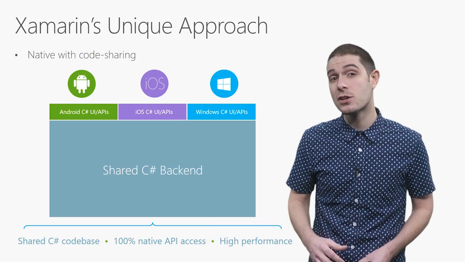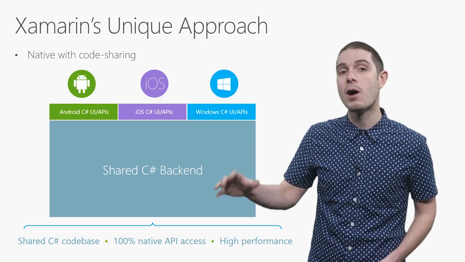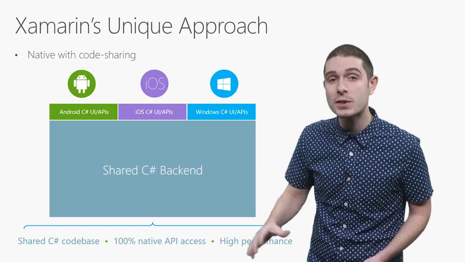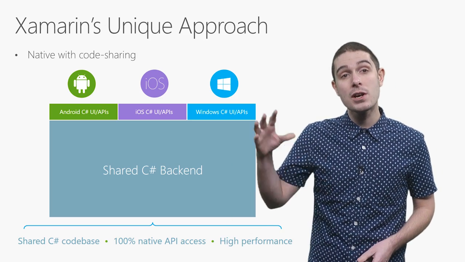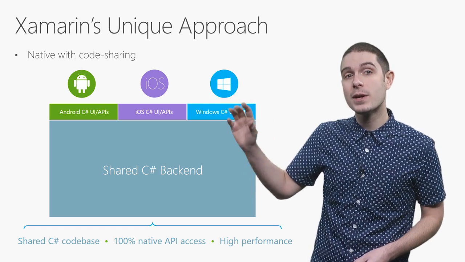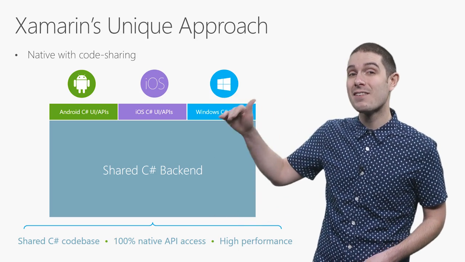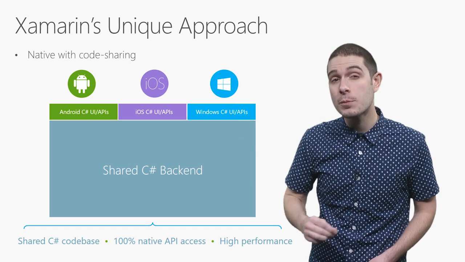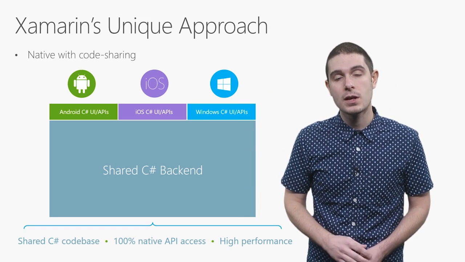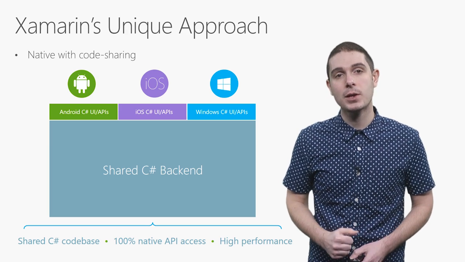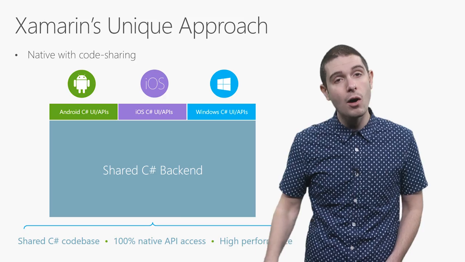Now, how that works essentially is we enable you to build a shared C# backend, all your business logic, models, view models, RESTful service calls, SQL databases, Azure integrations, and then share that code and build out native iOS, Android, and Windows user interfaces. So this means you're sharing 60, 70, 80, sometimes 90, nearly 100% of your business logic across all mobile platforms. And they compile down into native applications, and you get access to 100% of native APIs, all in C#.